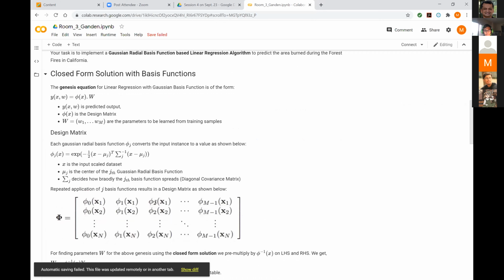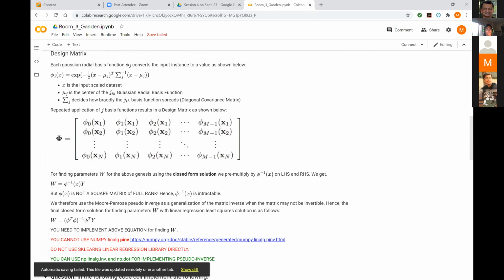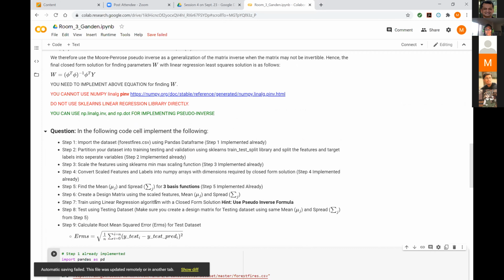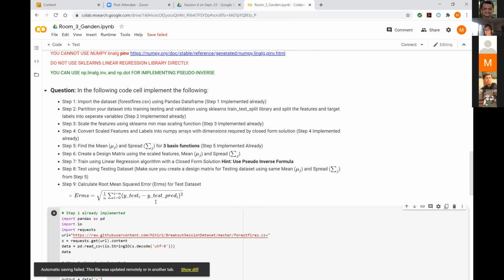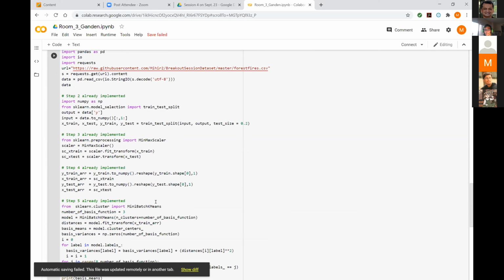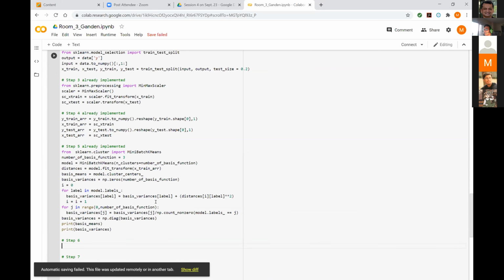They have calculated it in step 5. Is that the basis_means? Yep, Mayank? Looks like that. basis_means is the mu j, and then the variance would be, I think, the summation part.